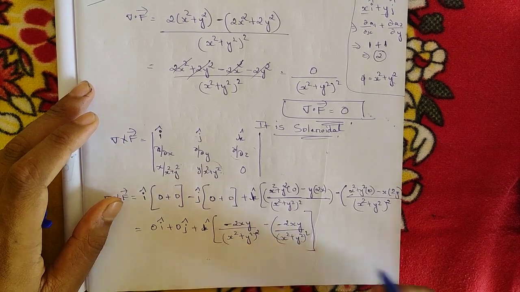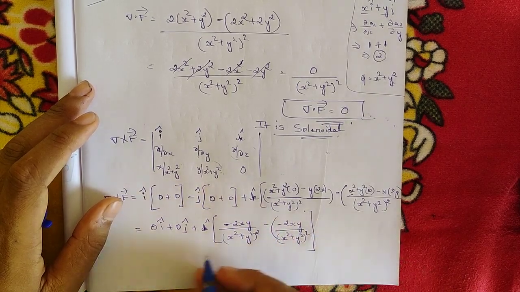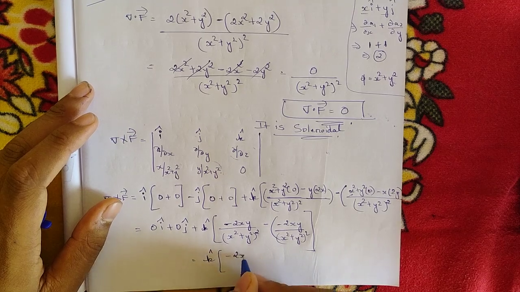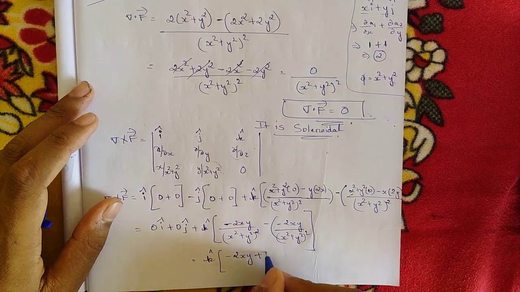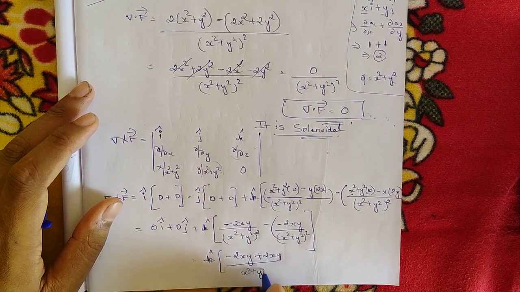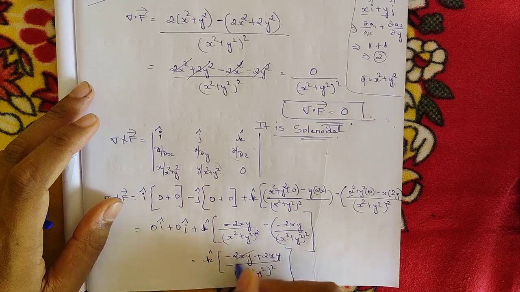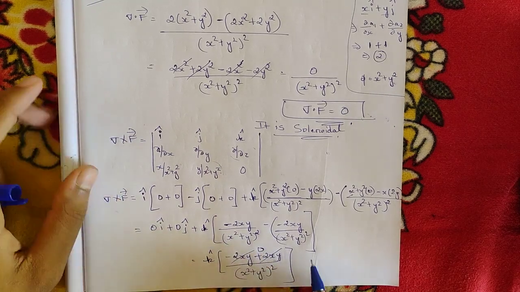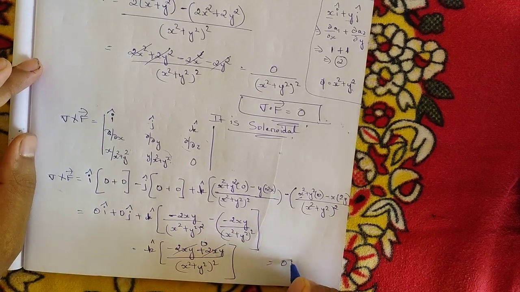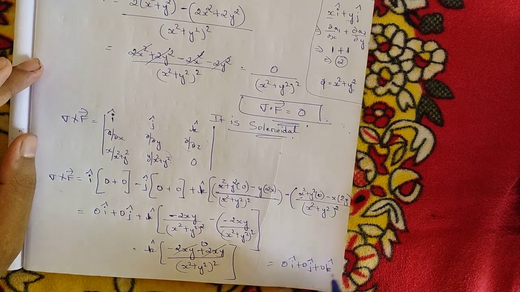So here it is minus into minus is plus, right? So we would be getting k cap into minus 2xy plus 2xy, denominators are common, x square plus y square the whole square, and if you cancel these two we would be getting 0 in the numerator. 0 divided by anything is 0, so we would be getting our answer as 0 I cap plus 0 j cap plus 0 k cap, that is equal to the 0 vector, right?